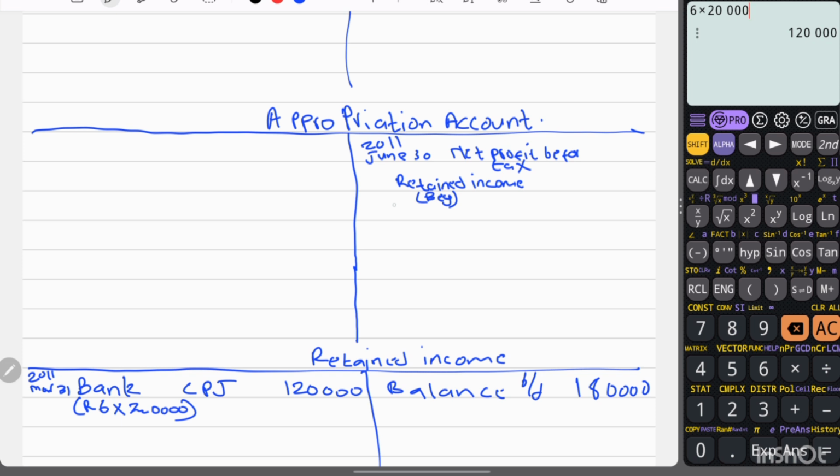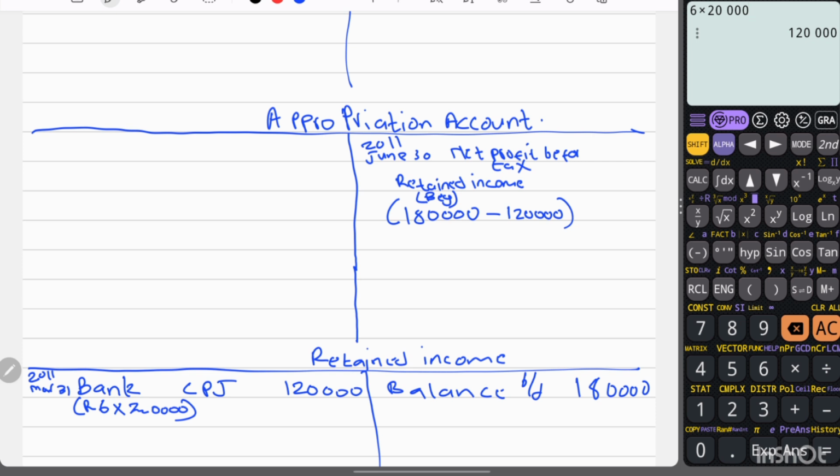Then I'm going to open a bracket. We had a balance of 180,000 as our retained income, but because we bought back a certain number of shares, a total amount of 120,000 was taken from our retained income.